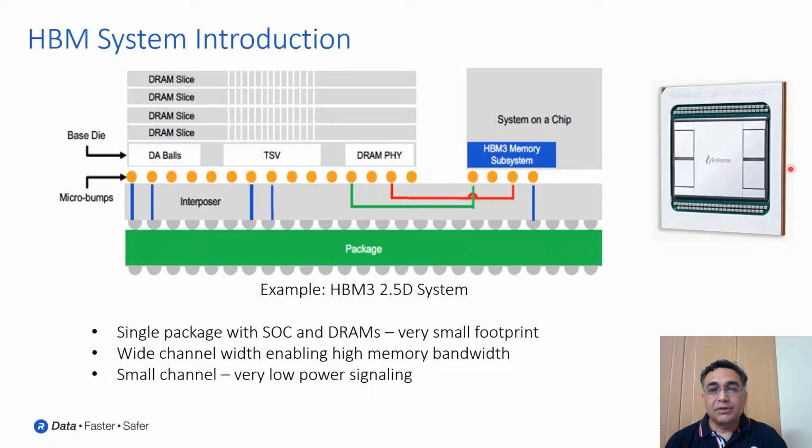Here I am showing one system of HBM3 where we have a SoC and 4 DRAMs, and all these are mounted over an interposer and hooked up. So the basic thing which we see here is it provides a very small footprint for a very large bandwidth memory and very low power memory.